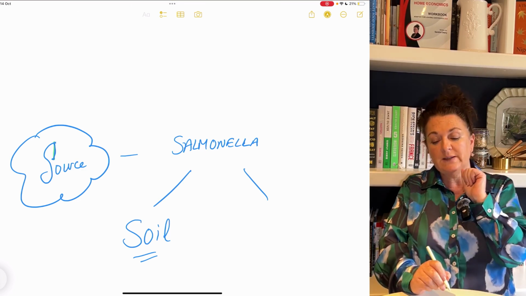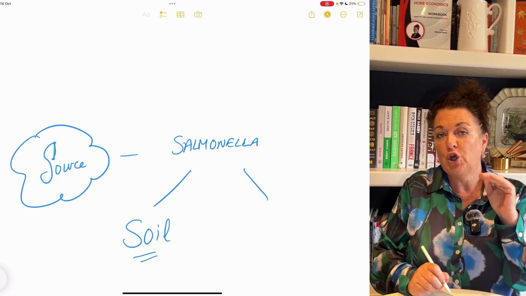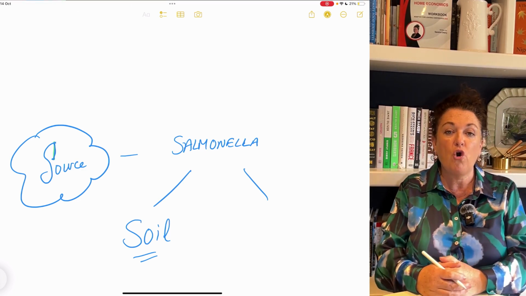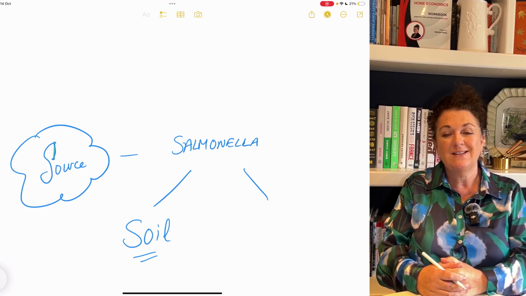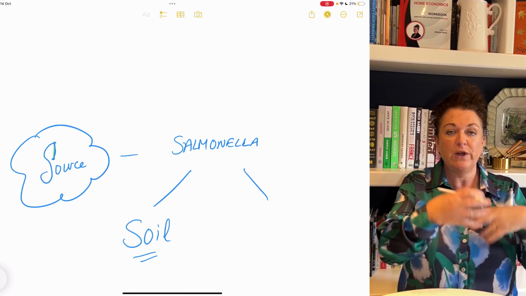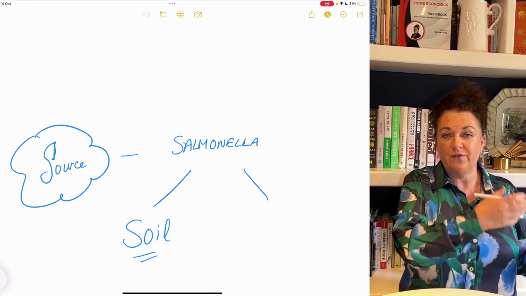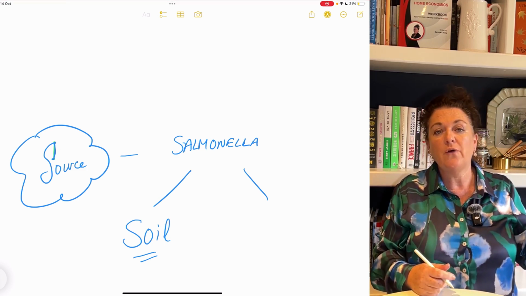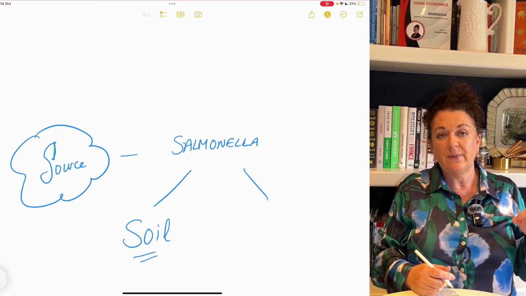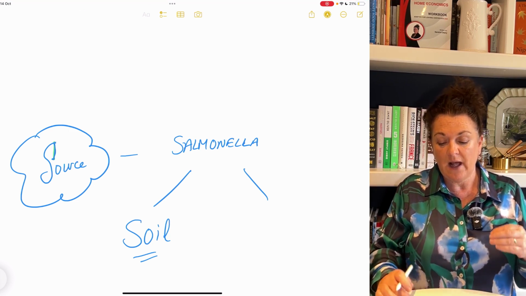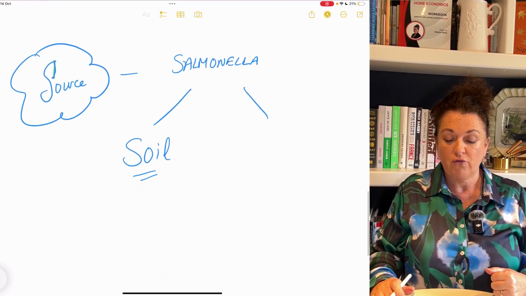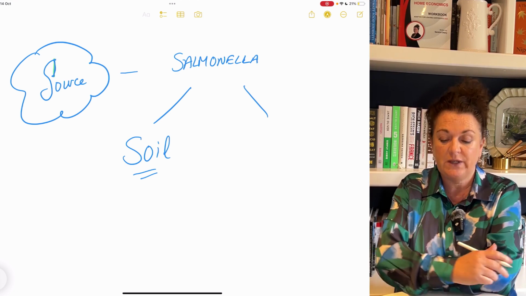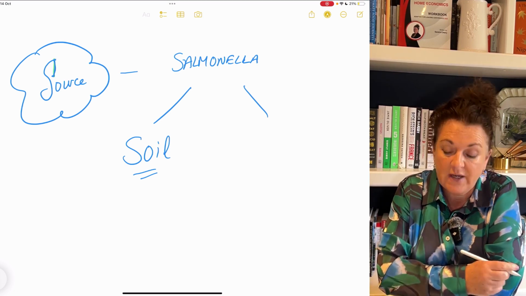Remember I said to you in one lesson, we have to be careful of uncooked or raw cookie dough, because Salmonella can live in soil. Wheat grows in soil, wheat is turned into flour, flour is made into cookie dough, but there's no heat along the way, and therefore the Salmonella could still actually be alive in the raw cookie dough. So we need to be careful of that.